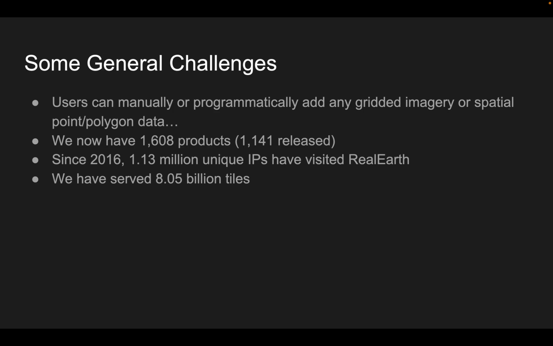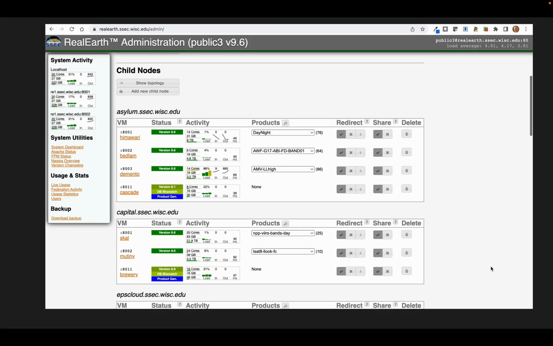We have 1,608 products, 1,141 are released. Since 2016, we've had 1.13 million unique IPs come to RealEarth, and we've served over 8.05 billion tiles, which are those little 250 by 250 pixel PNGs. So it's busy.